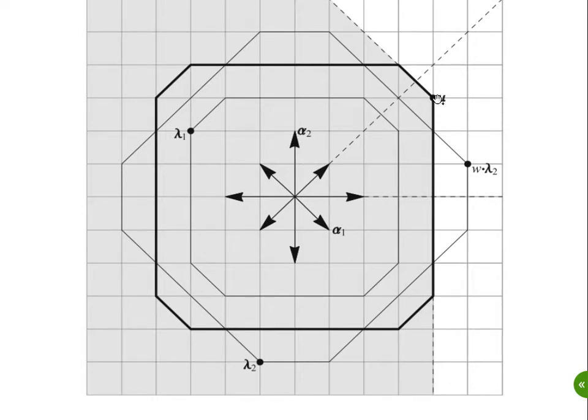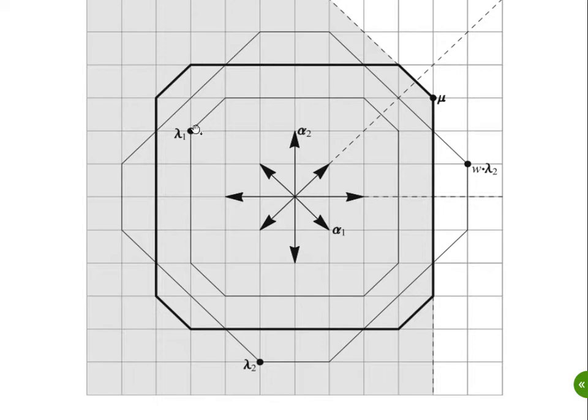I picked lambda 1 and lambda 2 for the simple roots. These two rays enclose the fundamental Weyl chamber, so dominant elements are inside here. Mu is inside the fundamental chamber, so it is a dominant element.